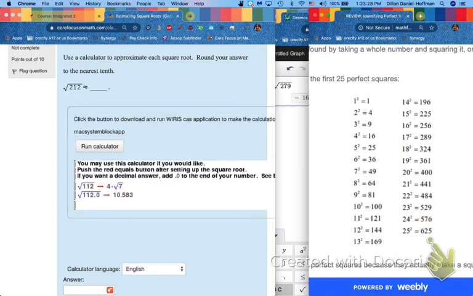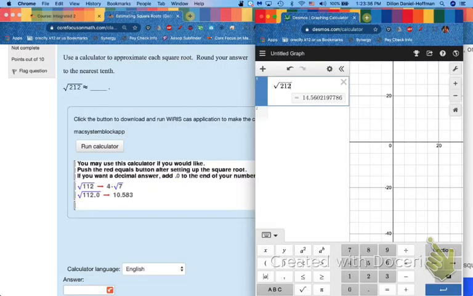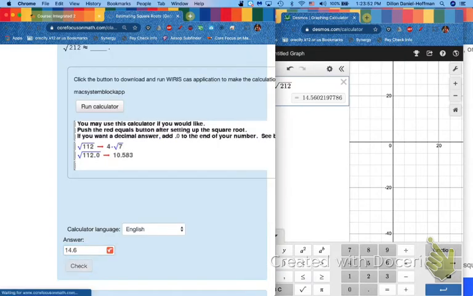So I'm going to say 14.6. Yes! Thank you for rounding. Last time I didn't appreciate it, now I do because that 6 is 5 or above, so we got to give it a shove up to 14.6. Clutch. Got it.